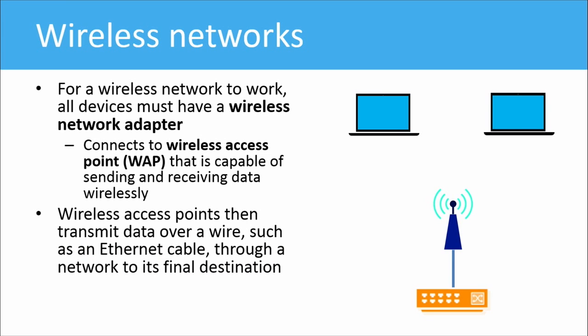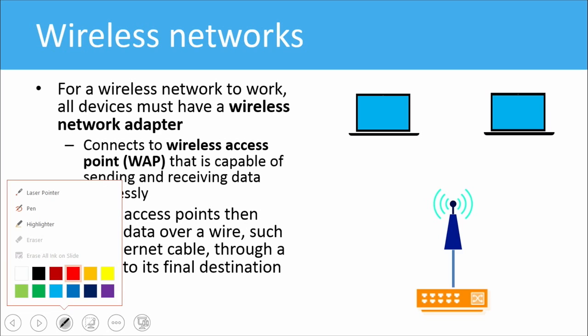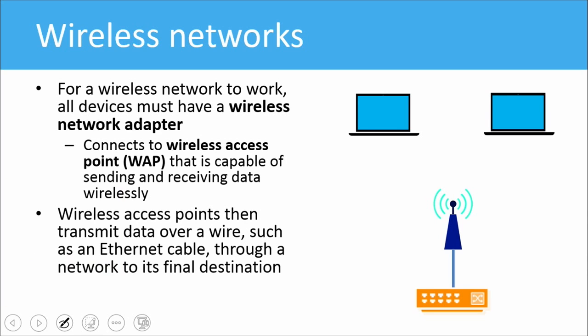All right, so let's talk about wireless networks. For a wireless network to work, all devices have to be connected through a wireless network adapter. It's a little bit different from the wired one that you saw a picture of earlier in one of our modules. I think it might have been Module 2. I can't recall. Don't hold it against me. And so those devices connect through radio signals to a wireless access point.